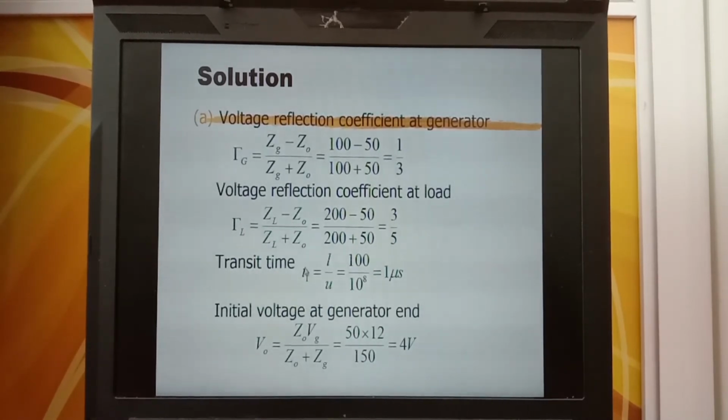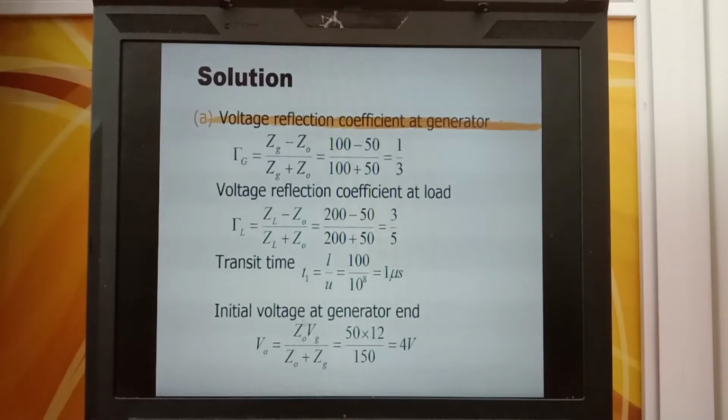The transit time, that is the time taken by the wave to travel from the source to the load, T1, is given by L over u, where L is 100 meter and u is 10 to the power 8 meter per second. So the transit time T1 is 1 microsecond.